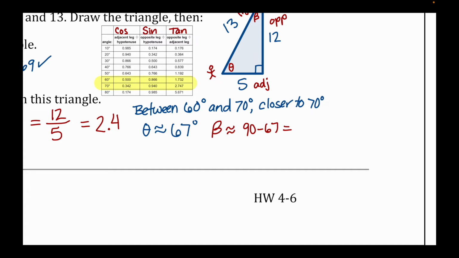But I just like to check myself anyways. 90 minus 67, 23. That was correct. So 23 degrees. Now, if you were 1 or 2 degrees off from this, that's fine. As long as yours really follows between 60 and 70, but closer to 70, you should be fine.